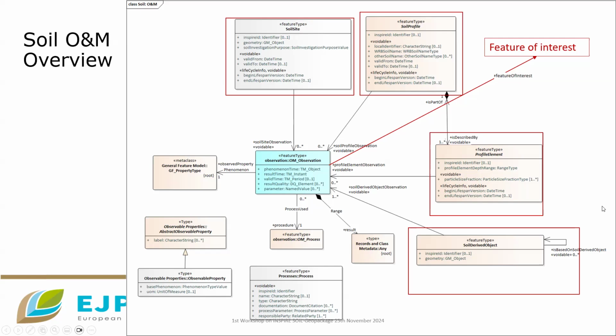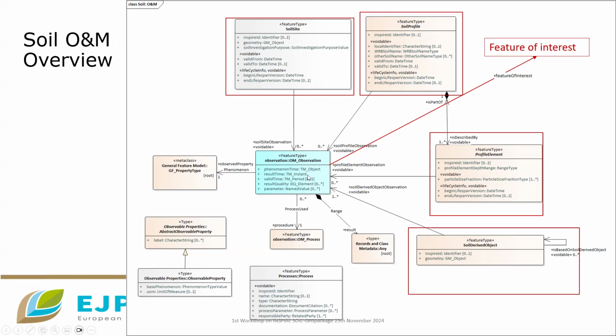INSPIRE, however, also provides for relations in the opposite way. So you can link to the feature of interest using the feature of interest association, but then you can also link specific INSPIRE objects to their observations. So the soil site can have 0 to many soil site observations, which are feature types from O&M.